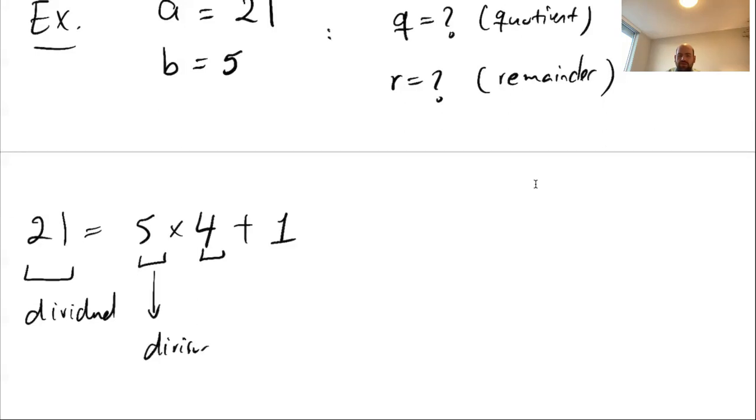If you look at the May 20 lecture notes, and as you know, the lecture notes are on Moodle, right? You'll see that we already proved the uniqueness.